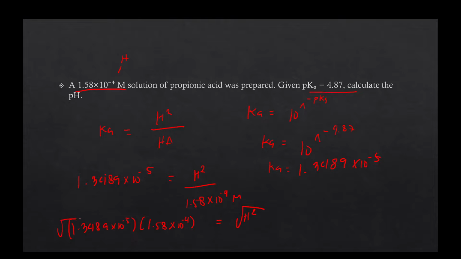Square root of that, so we could get H. So lalabas po ang ating H. Square root of answer, 4.616 times 10 to the negative 5th. So pH equals negative log H. pH equals negative log 4.616 times 10 to the negative 5th. pH equals 4.3356.